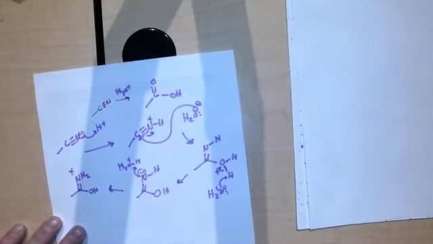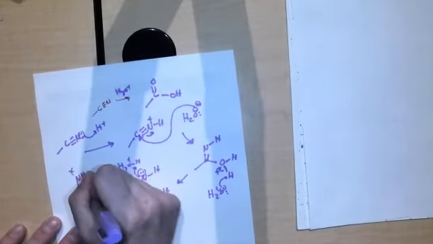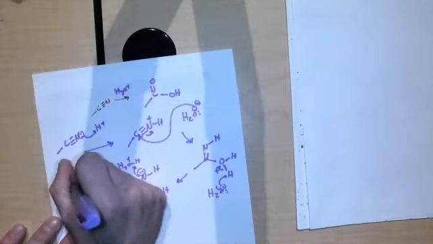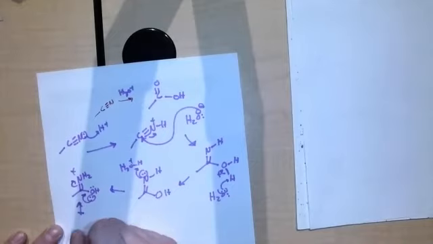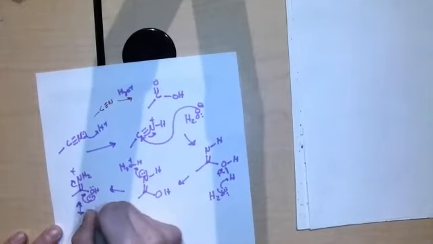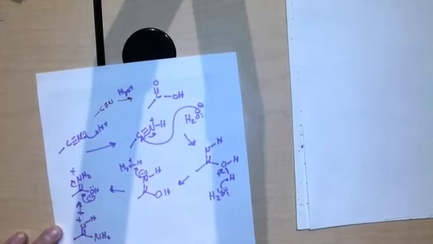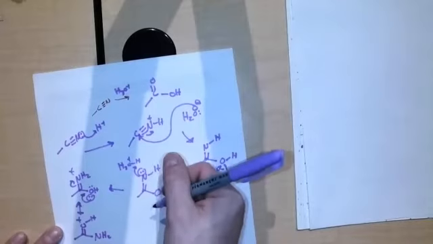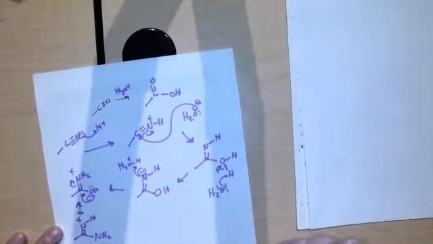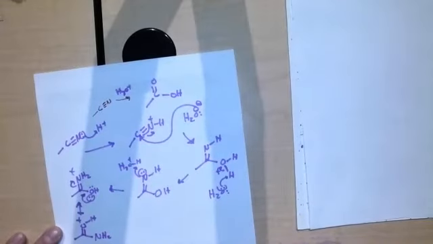I'm going to draw the other resonance structure where we flip this over. So put the oxygen on top, but also make a double bond to it. Lose that H plus. Although technically the next step is to gain that H plus, so I'm not even going to bother with that.